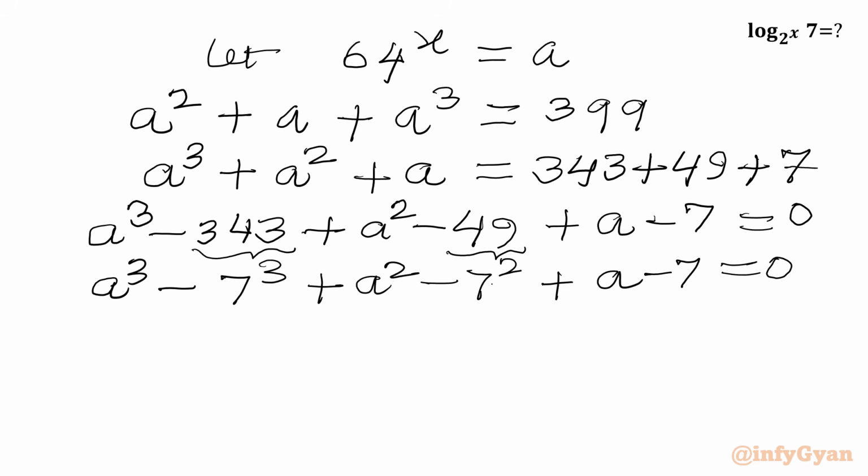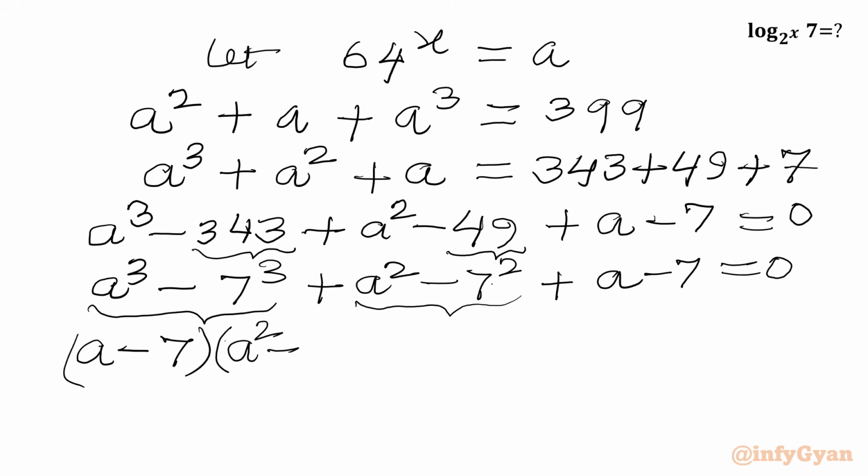We'll be using a cube minus b cube formula over here, a square minus b square formula over here. We will get a minus 7 times a square plus 7a plus 7 square, which is 49, plus a square minus b square is a plus b times a minus b.